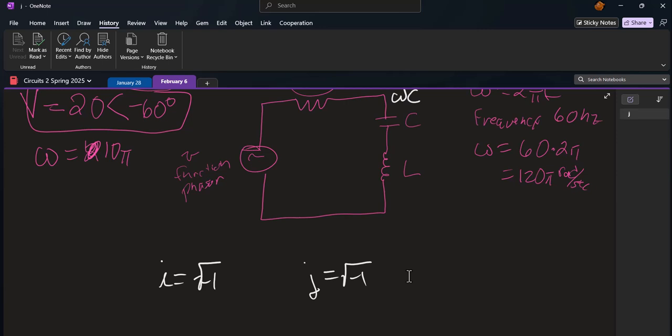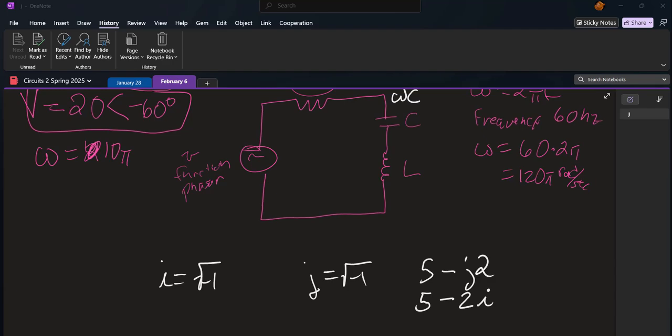So it's a complex number. So when I have 5 minus j2, that's what you would have written in your high school math class as 5 minus 2i. And your calculator is still going to have i.